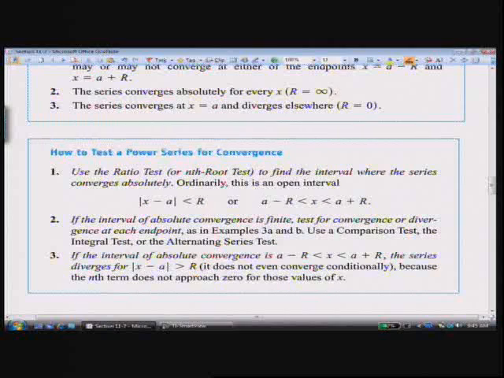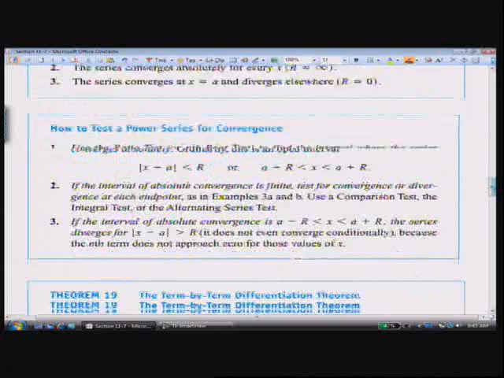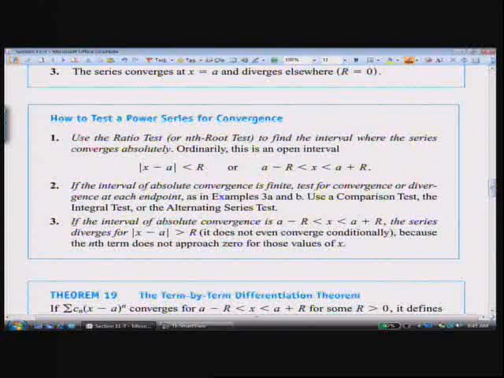And if the interval of absolute convergence is between a minus r and a plus r, the series will diverge whenever x minus a is greater than r. It does not even converge conditionally because the nth term does not approach 0. Okay, so if you've got it in there, then you know that it diverges outside of it.